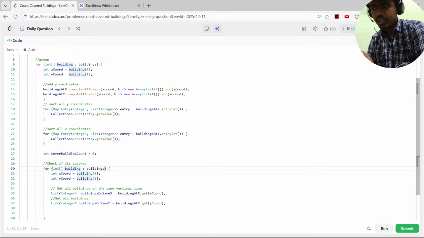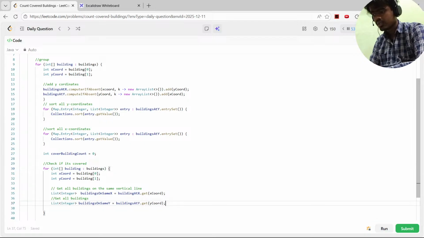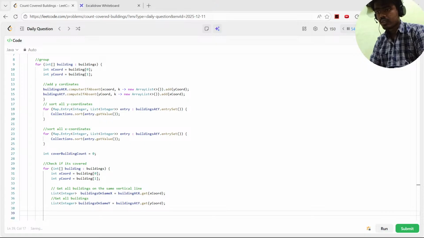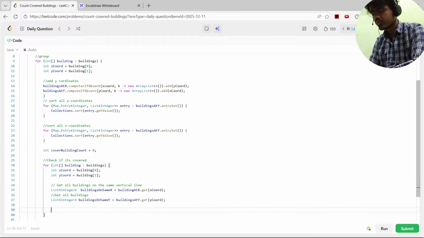And the second is there must be a building above and below on the same vertical line, right? So check it.